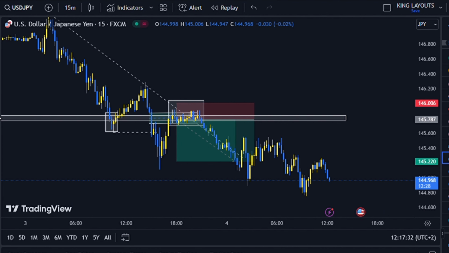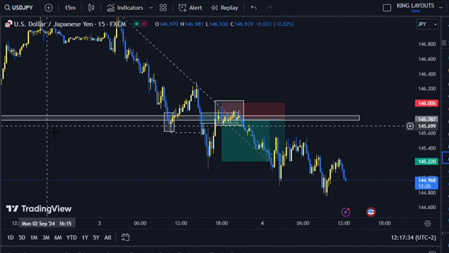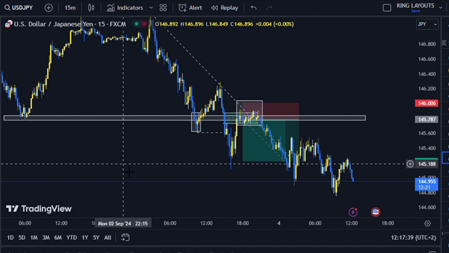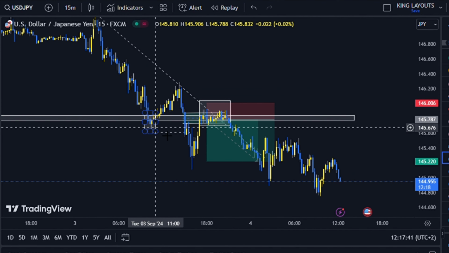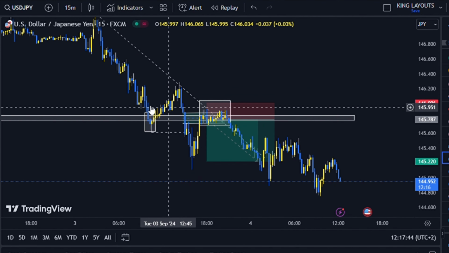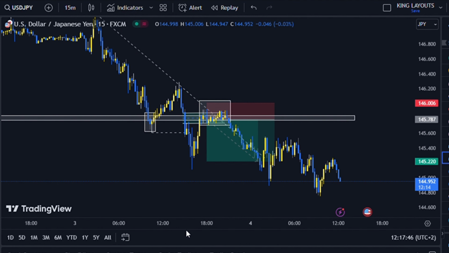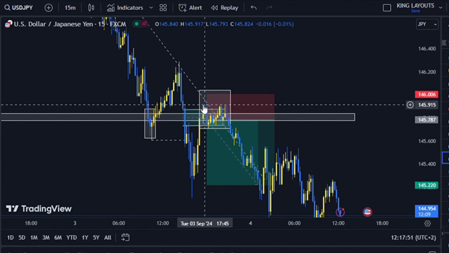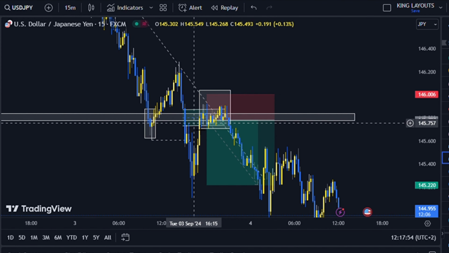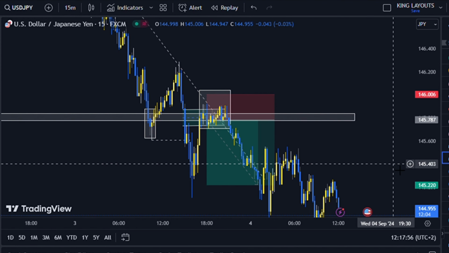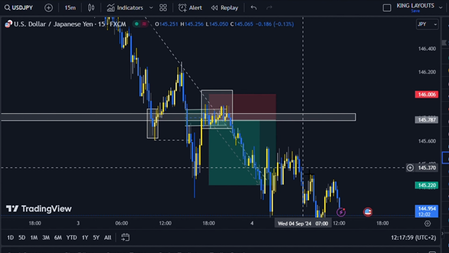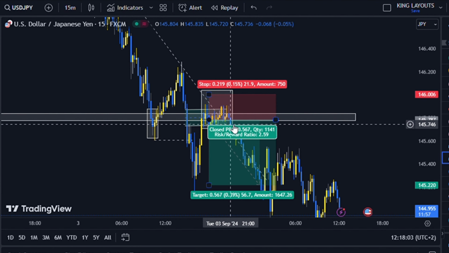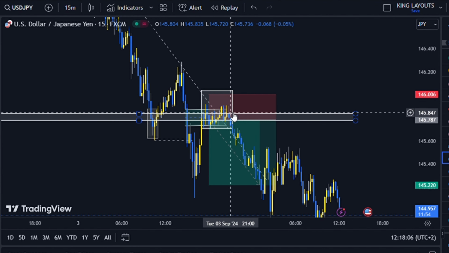It was the trend, the resistance zone, and then the break of structure, fair value gap, and then rejection. So with all of that, we were convinced that it was a sell. And then what happened here is we had a breakout, right?